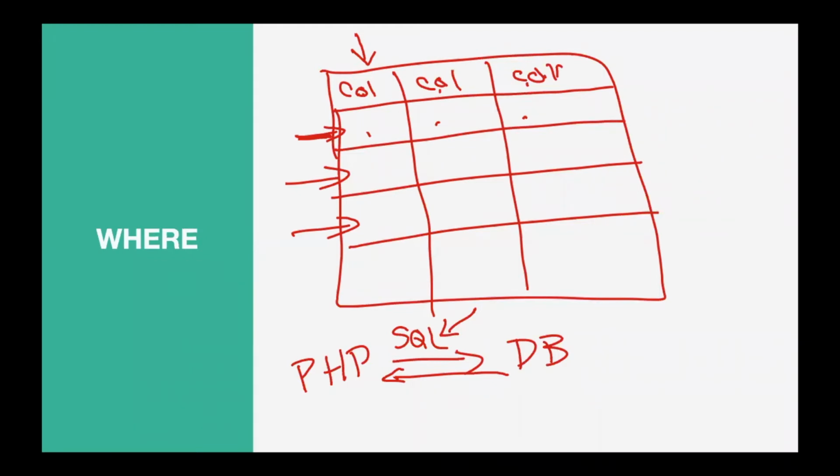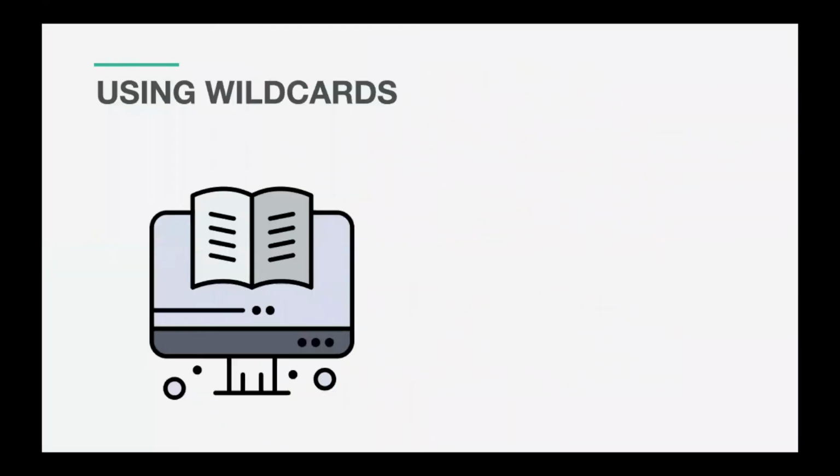Okay, so let's go ahead and move on to wildcards. All right, so in the previous where examples, we saw that we could use a greater than and an equals. You can also use less than, and there's also a not equals in there. But we're going to talk about another operator, which is the like operator.